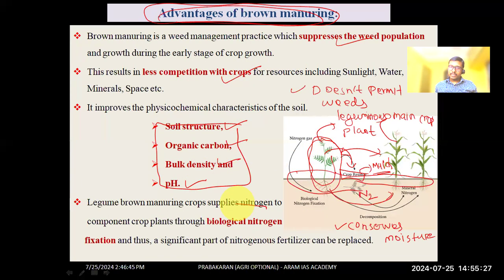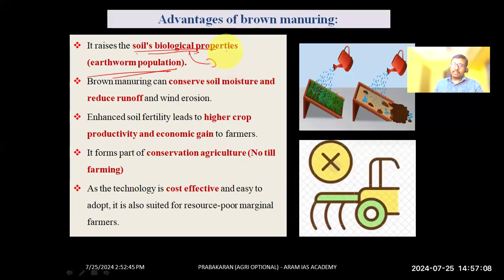Finally, it improves the nitrogen content of the soil. The desiccated leguminous plant will improve the soil biological properties, like earthworms and other microorganisms, because these microorganisms will feed on the desiccated plants. It also conserves the moisture.